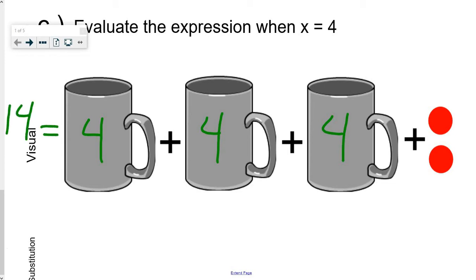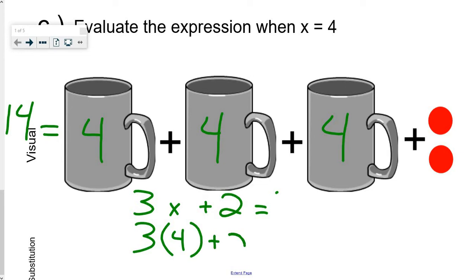So when we stick this back into 3x plus 2, when x equals 4, 3 times 4 plus 2 equals 12 plus 2 equals 14.